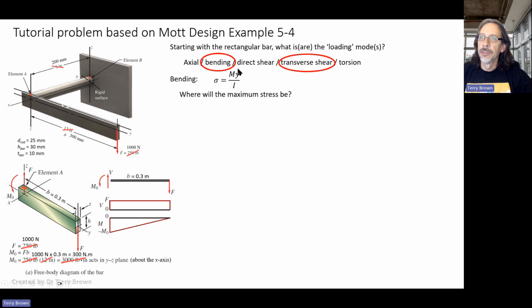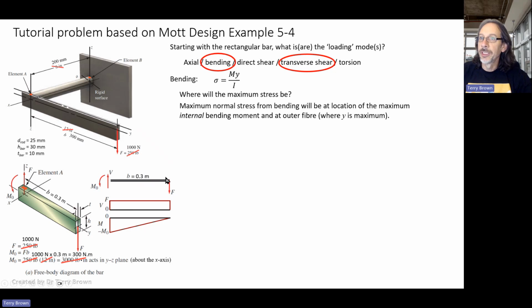So this Y in this equation is telling us the distance from the neutral axis to the outer fiber. And then I stays the same throughout the length. I is the second moment of area, or the moment of inertia.